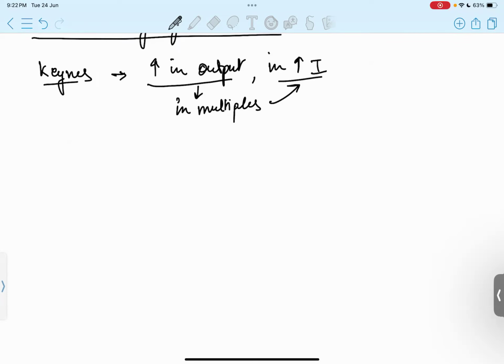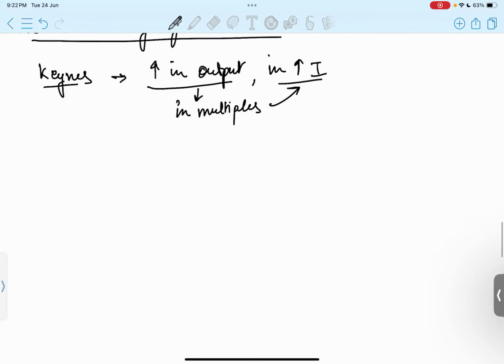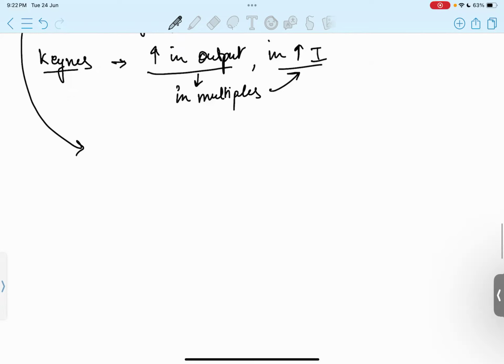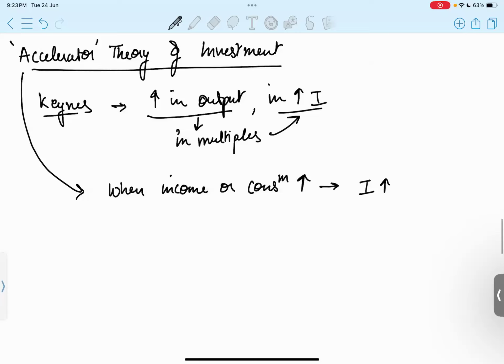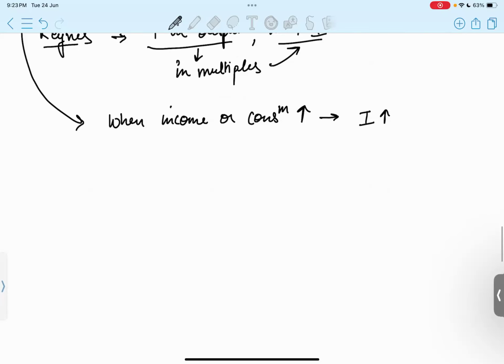But here, under the accelerator theory, the meaning is completely opposite. It states that when income or consumption increases in the economy, it will lead to an increase in investment by multiple amounts. So it is completely the opposite way of working of the multiplier theory.